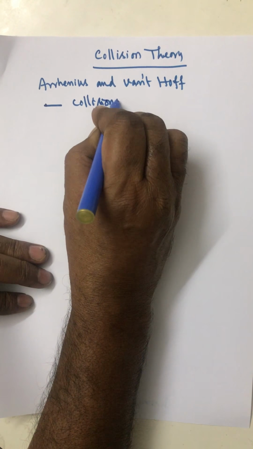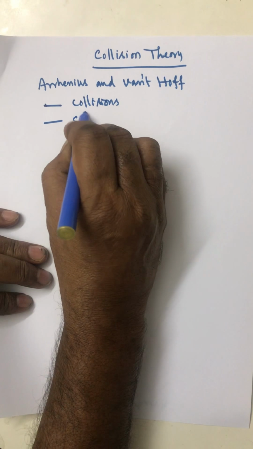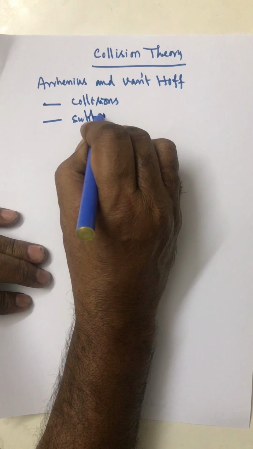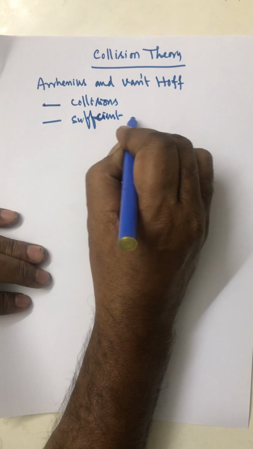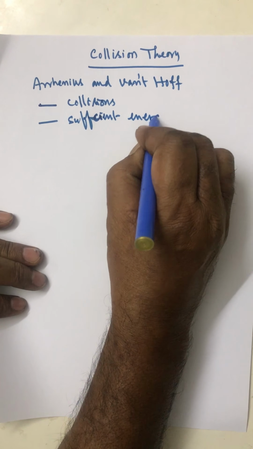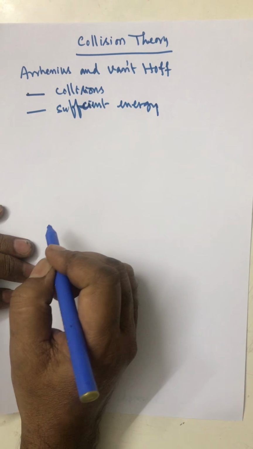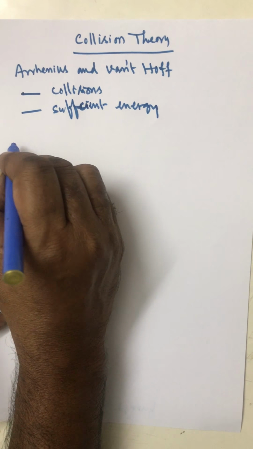collisions. Second thing is sufficient energy. These two are essential things for formation of products.